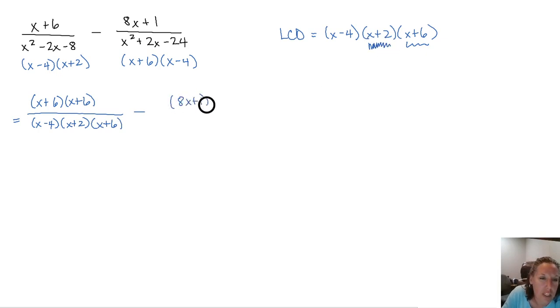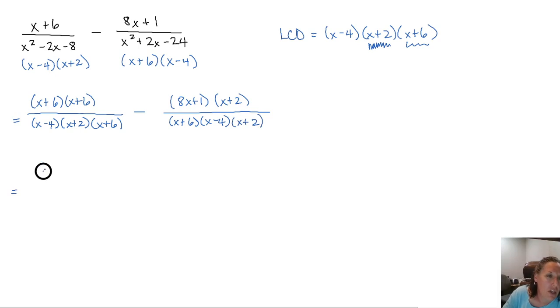Make sure you put parentheses around your numerators if they have more than one term, to multiply it by our missing factor for our LCD. x plus 2 goes on the top and the bottom. Now we have the same factors in our denominator. So we get x plus 6 times x plus 6.